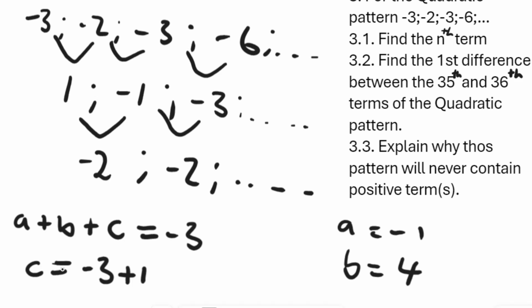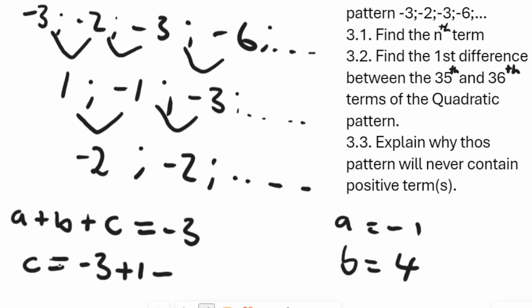And then we also subtract b. When it was positive on that side, on this side it must be negative. So we subtract a positive 4. The answer for this one will be minus 3 minus 4, that is minus 7, plus 1, that is just minus 6. So our c is nothing but minus 6.